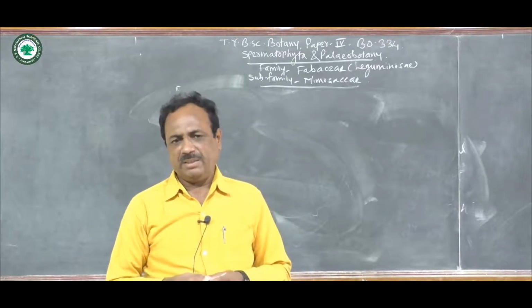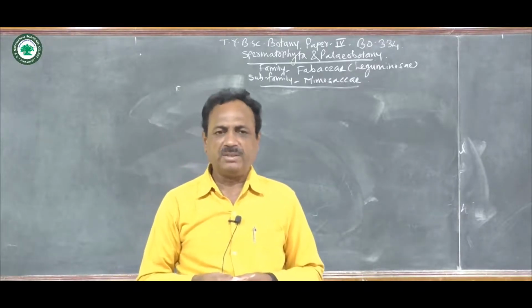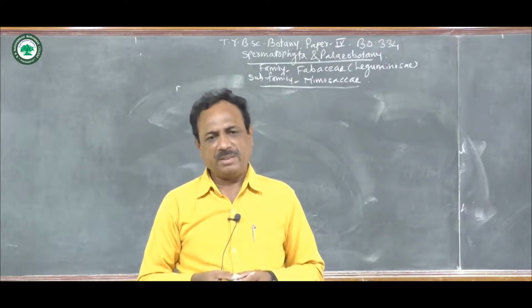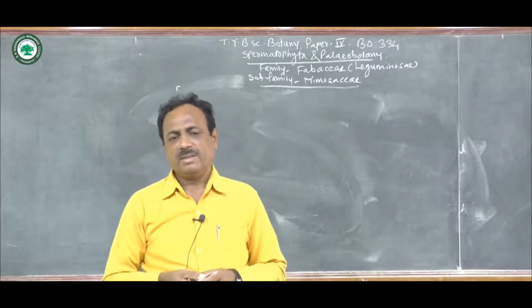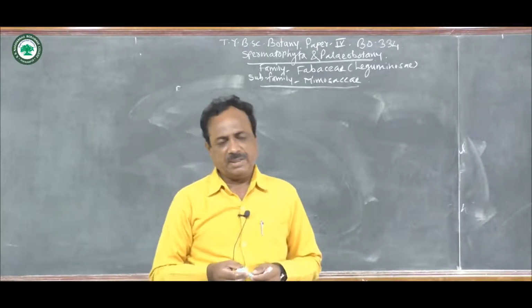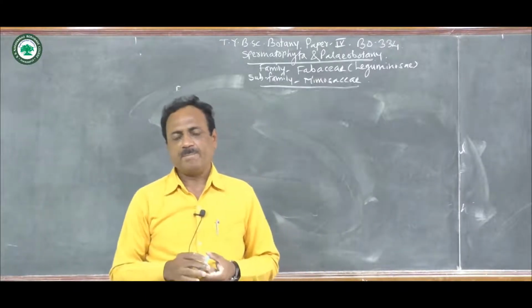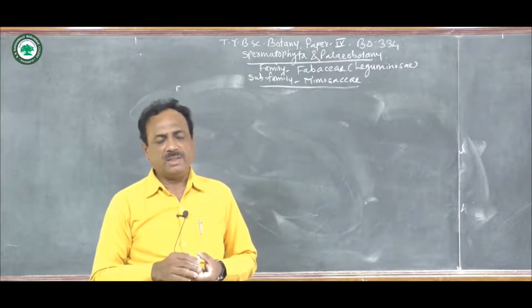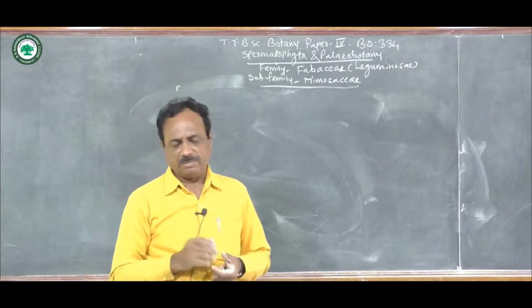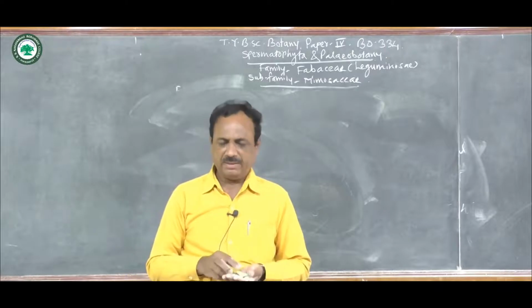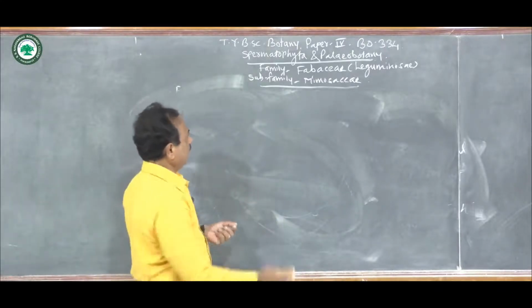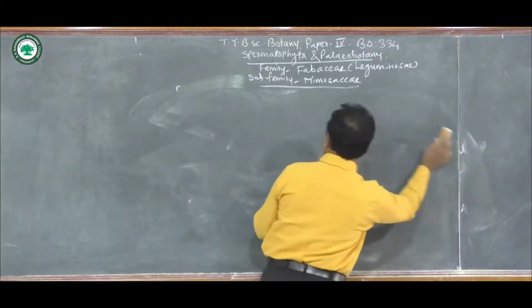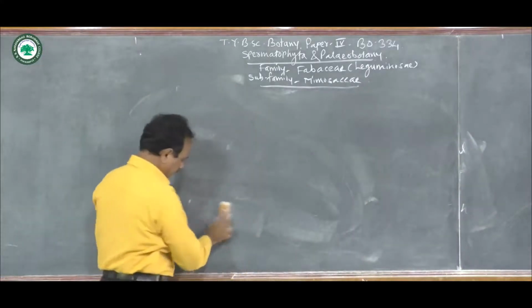Flowers are present in cymose or head type of inflorescence. Sepals and petals may be free or united. Androecium shows a variable number of stamens, from 4 to many. Gynoecium is monocarpellary, unilocular, superior ovary with marginal placentation, and the fruit is legume or pod type. So this is about the distinguishing characters of the family.